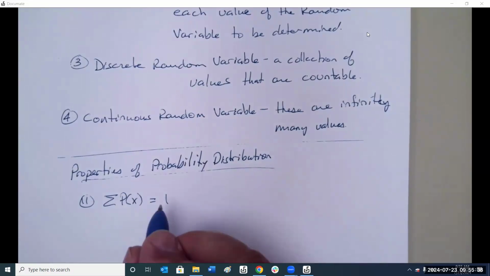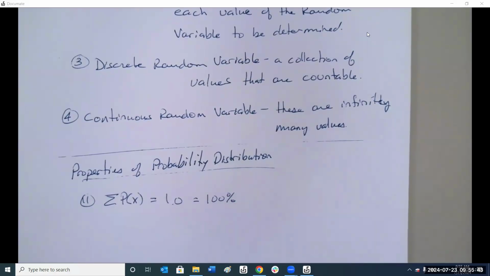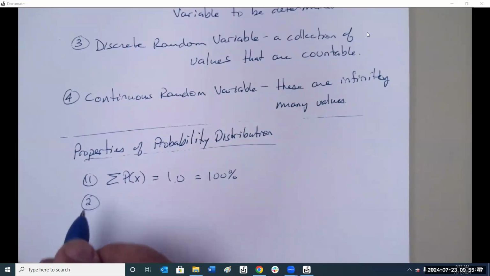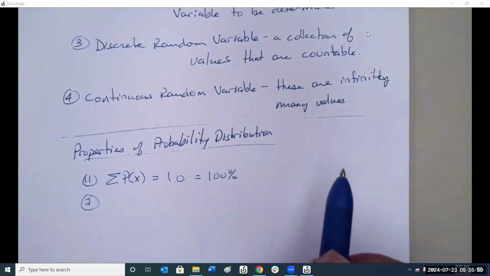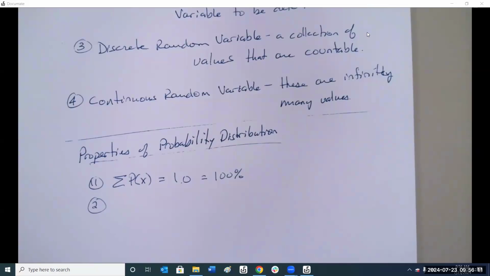Remember, 1 is decimal 1.0, which correlates to 100%. Because of something called round-off error, whenever we deal with fractions, if you get a number like 0.999999, that's good enough. Or if you get something like 1.001, very distant decimal points, those will be close enough because of round-off error.